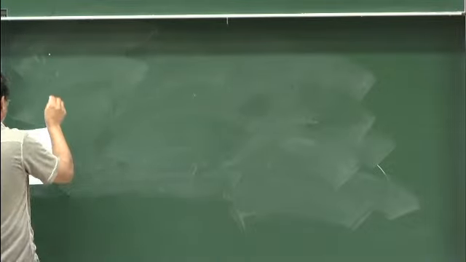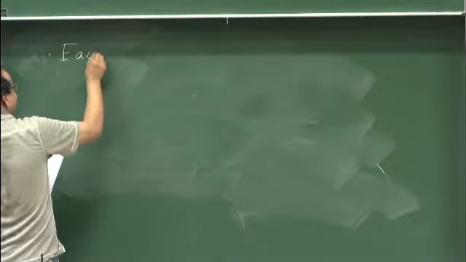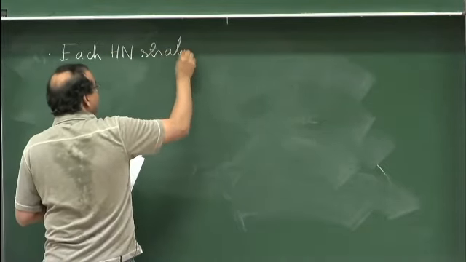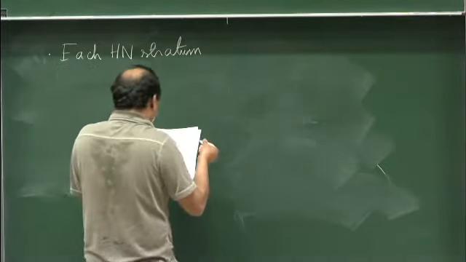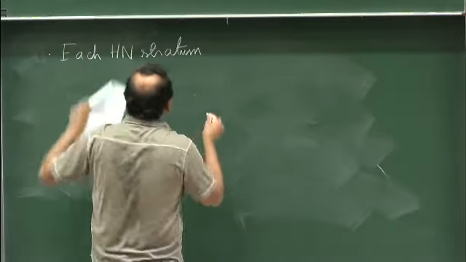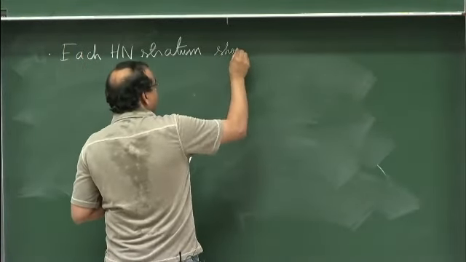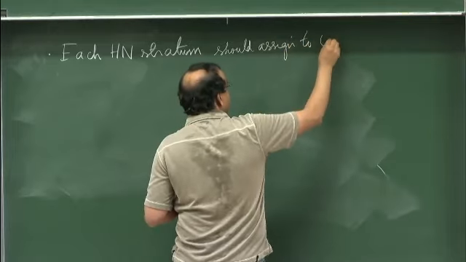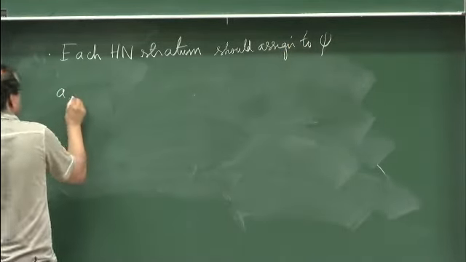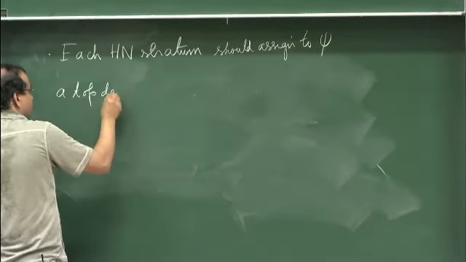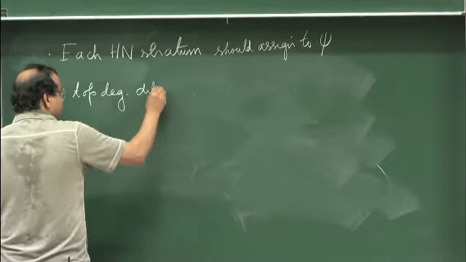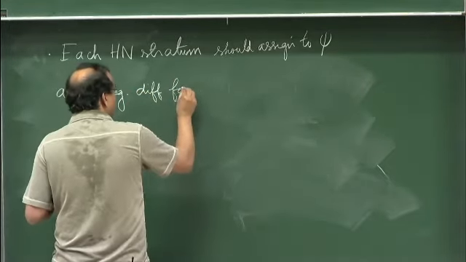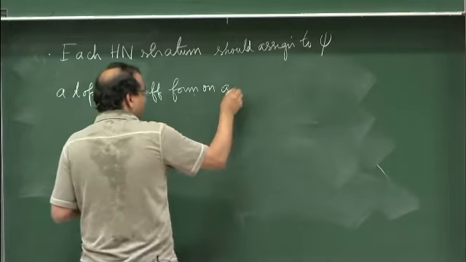Each Harder-Narasimhan stratum should therefore lead us to top degree differential forms, so we should assign to psi a top degree differential form. We'll see in examples how this goes on a smooth variety.